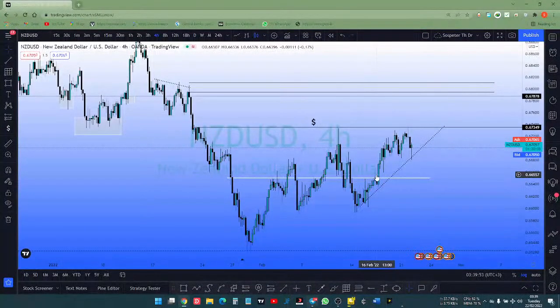You can see this as a flip zone. This kissing candle, this kissing candle, so these are significant zones. So they can just come and grab this compression, this liquidity created here. Boom. Then they come and flip here.